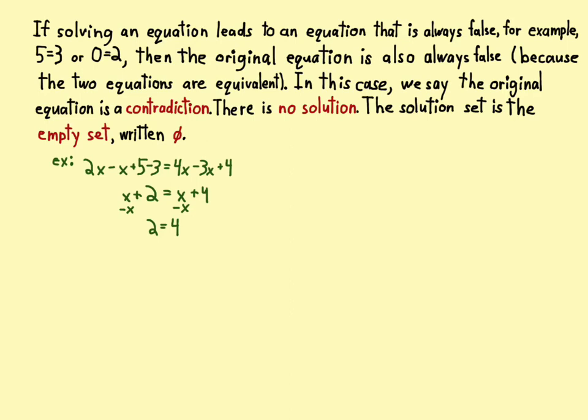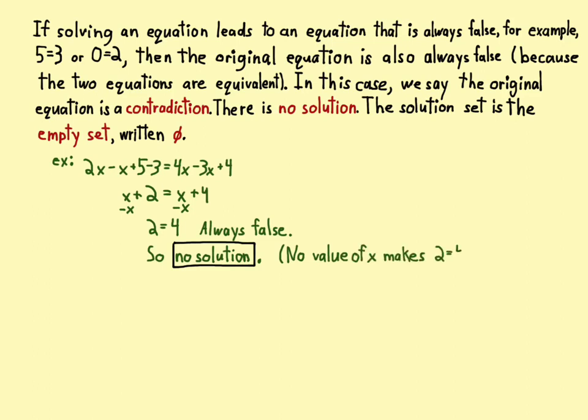It's always false. Therefore, the original equation is a contradiction, and there's no solution. The solution set is the empty set. It's always false, so no solution. No value of x makes 2 equal to 4.